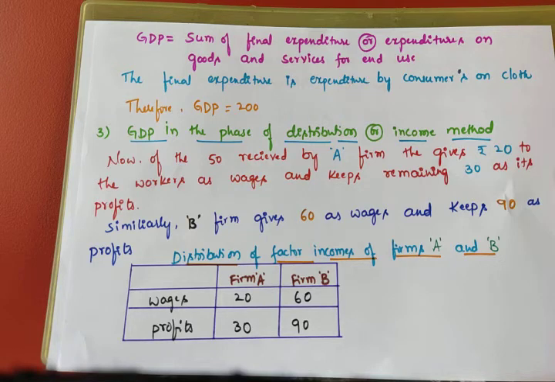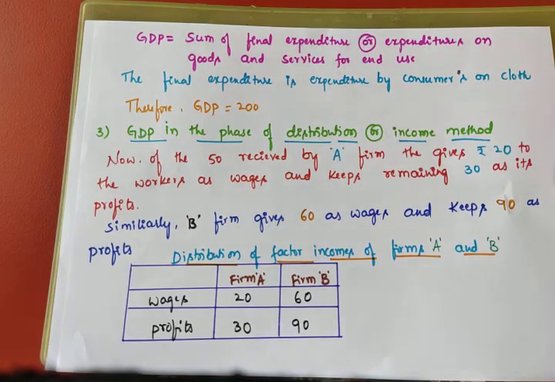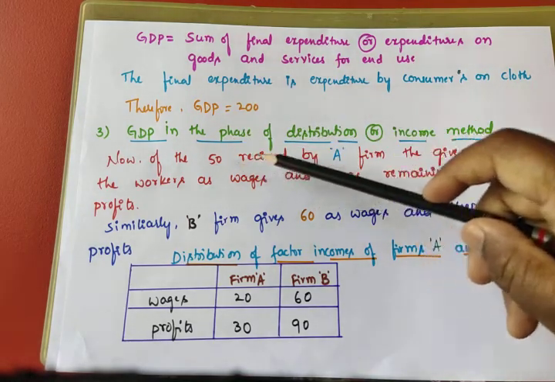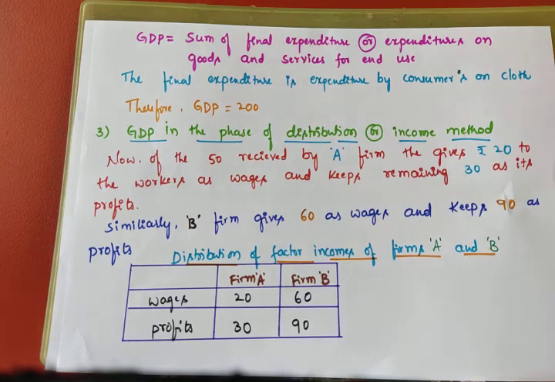Anyhow, with the help of the same example, under the product method we got the answer 200, and under the expenditure method we also got 200. Now, imagine firm A received 50 rupees. Firm A sells its cotton to firm B, and when firm B purchased the cotton from A, it paid rupees 50.